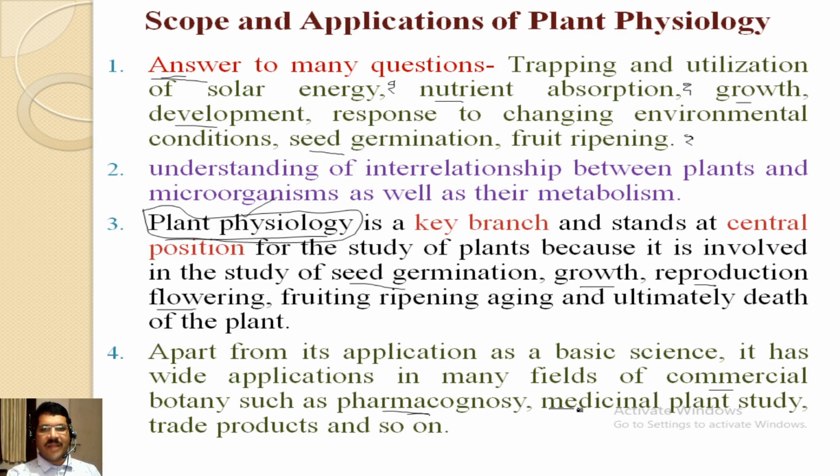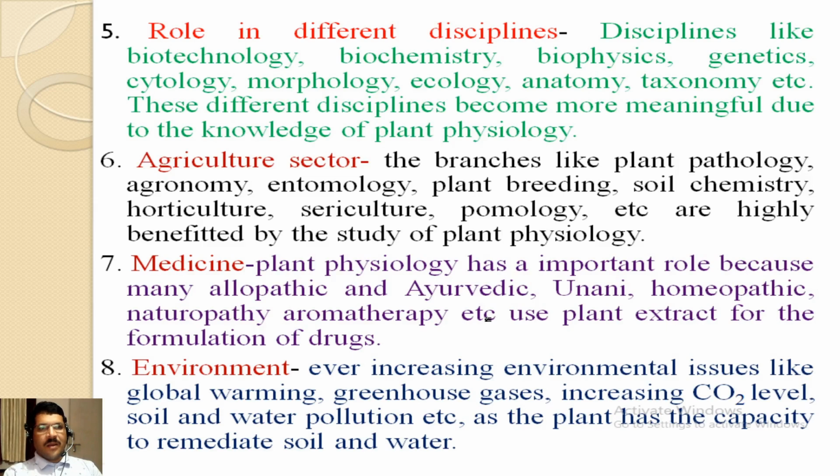Then medicinal plants, how any plant has medicinal capacity or how it will produce such types of medicinal products. We will get an idea of everything from plant physiology. So apart from the basic sciences, plant physiology is very important in the modern and commercial sciences also. Now fifth is role in different disciplines.